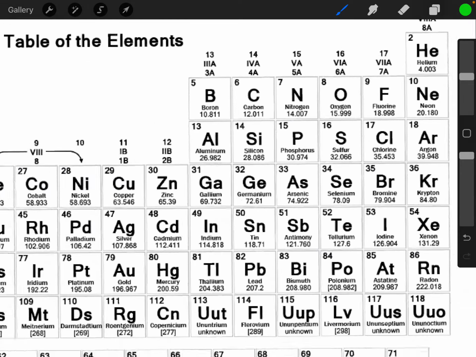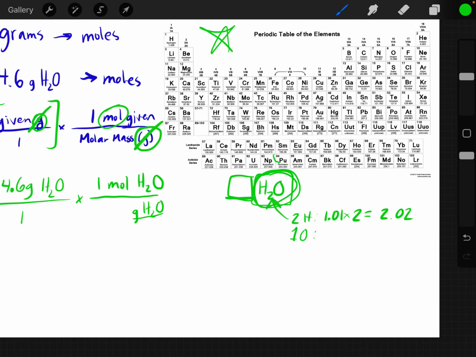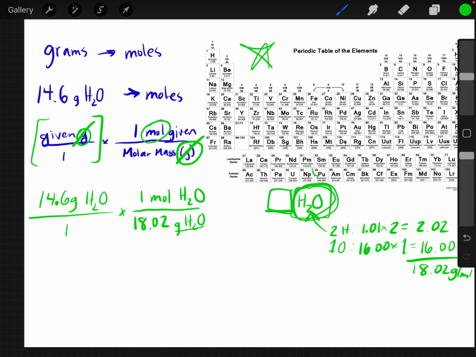Then I look at this oxygen, and I see that it's about 16. So I'm going to say 16.00 times that 1 oxygen is really just 16. This becomes 18.02 grams per mole. So I'm going to say 18.02 grams of water per 1 mole of water.